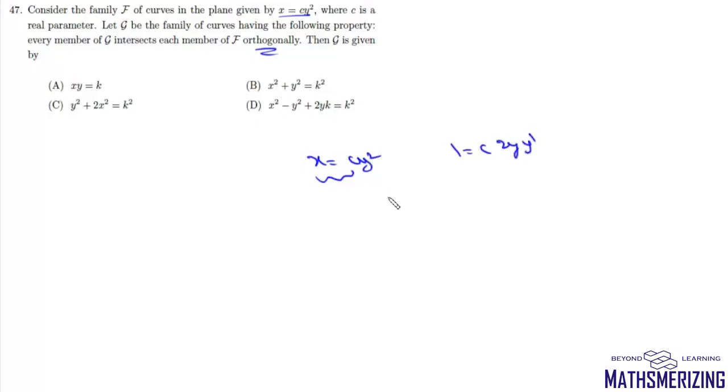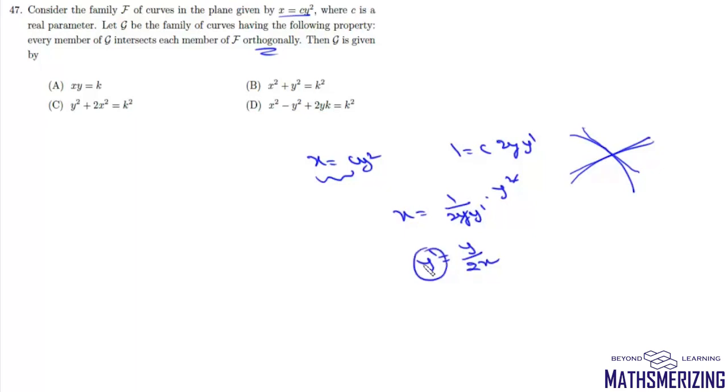Now we'll eliminate this c. We can write x, and this c will be 1 upon 2y y dash, and it is equal to y square. y and y will cancel. We'll get y dash as y upon 2x.